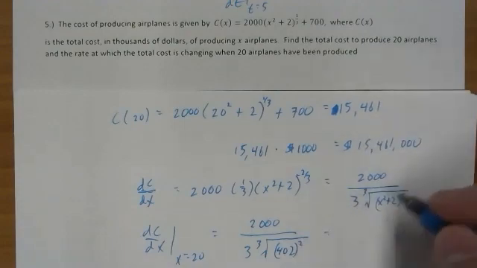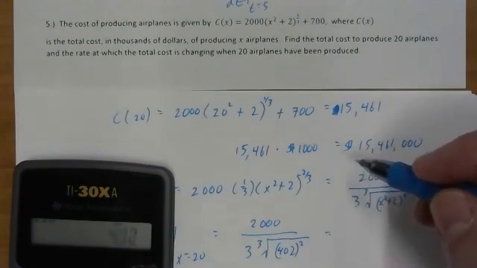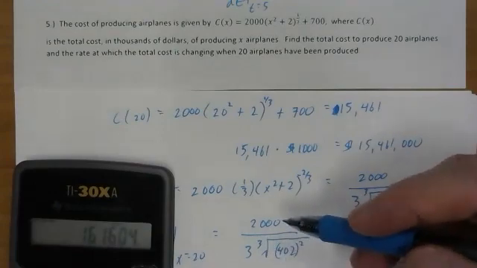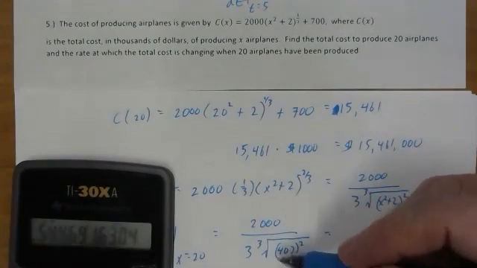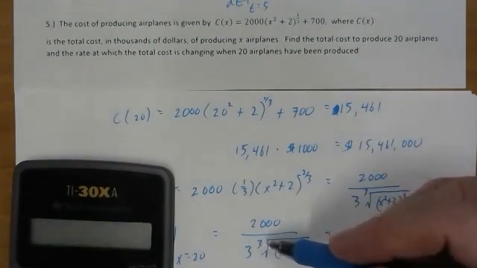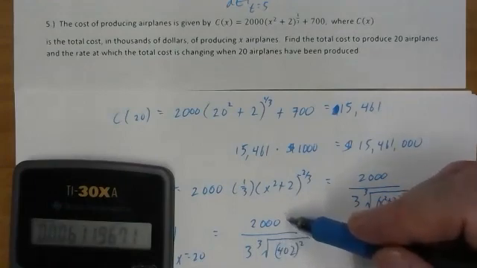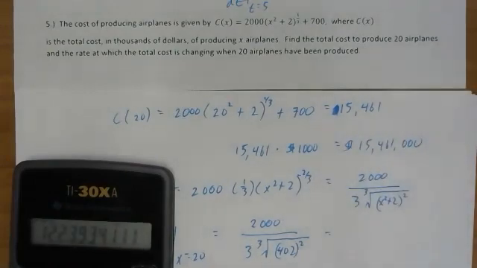So let's grab my calculator. 402 squared. Then I'm going to take the cube root of that on my calculator, multiply it times 3. Needs to go in the bottom of a fraction times, and we will see. All right, looks like my numbers are not matching the key.